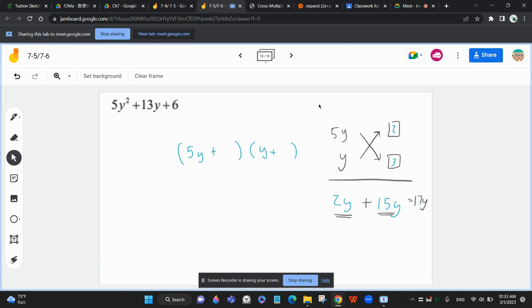So it's not the same. So means that we should switch them, like 2 at the bottom and 3 on top. Yeah, and then like that you end up to get the 13.